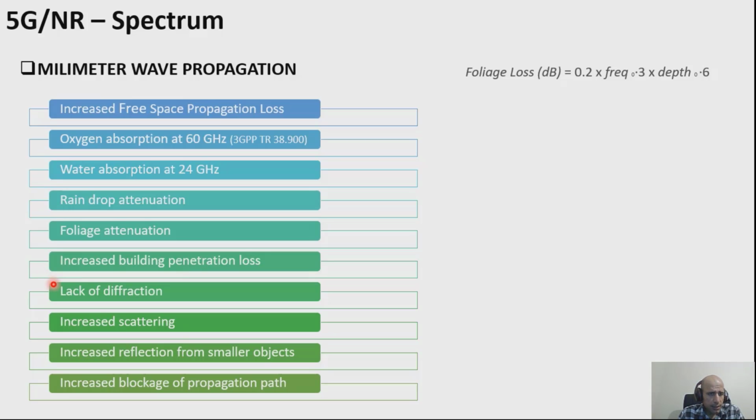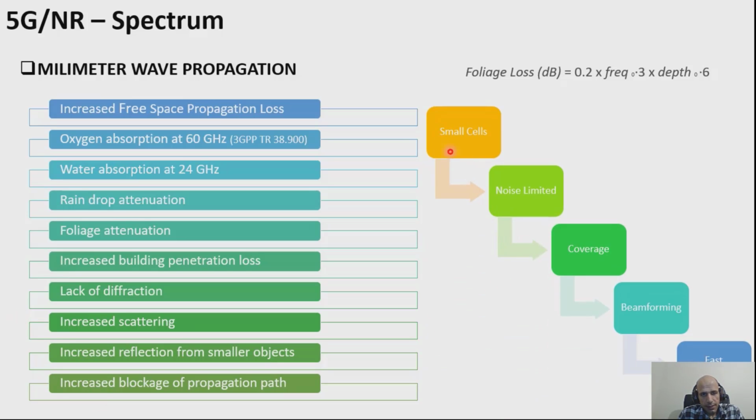Another challenge is increased building penetration loss, lack of diffraction, increased scattering and reflection from smaller objects, and finally increased blockage of the propagation path with millimeter wave.